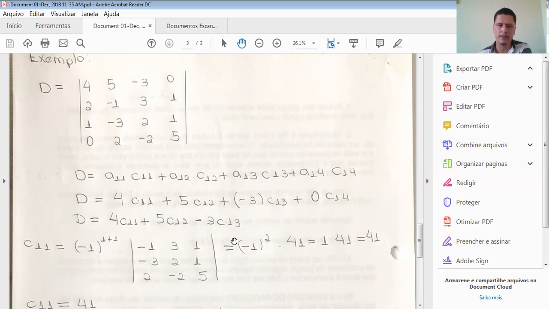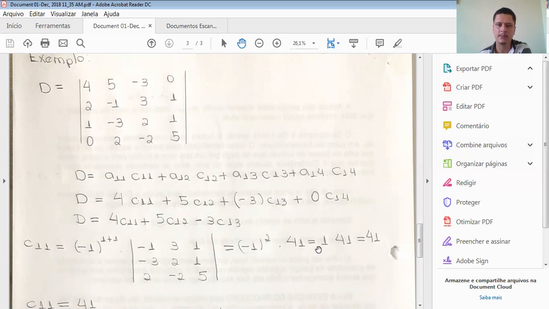So we get -1 to the power of 2, which is 1 plus 1, times 41, which is the determinant of this matrix. I encourage you to calculate the determinant of this matrix manually based on the procedure that I taught you in the last video. You're going to reach 41. And -1 to the power of 2 equals 1.